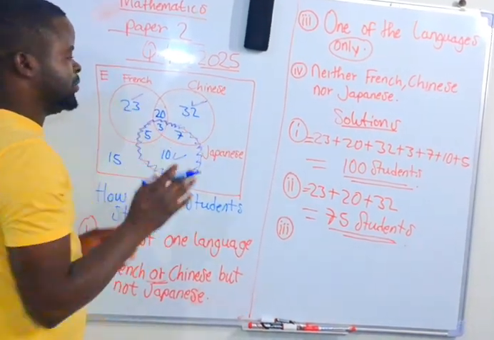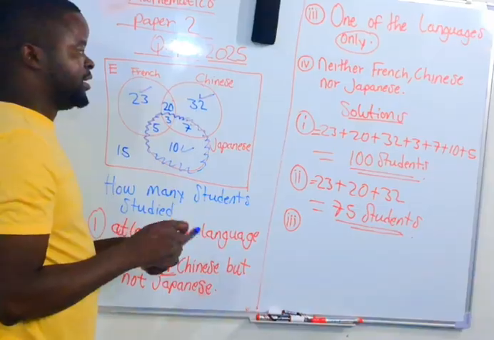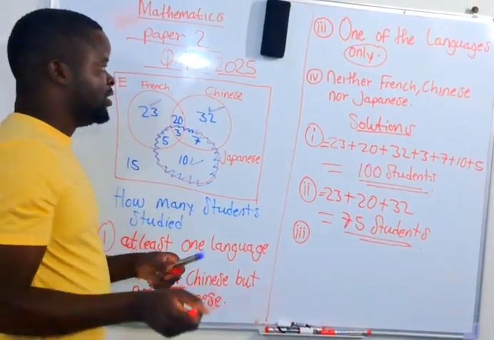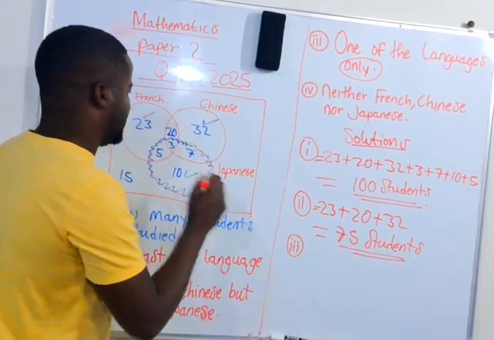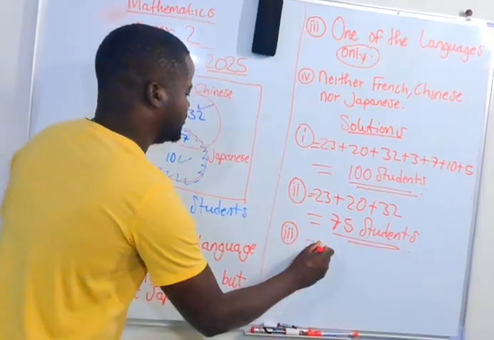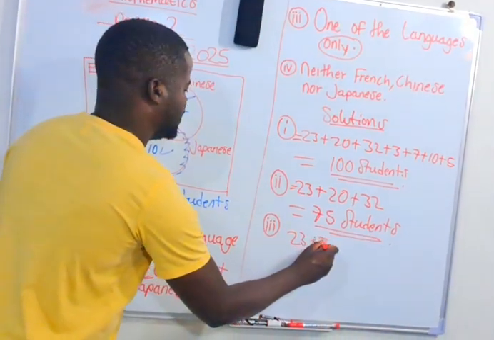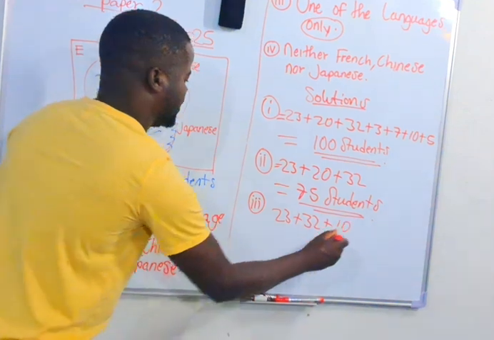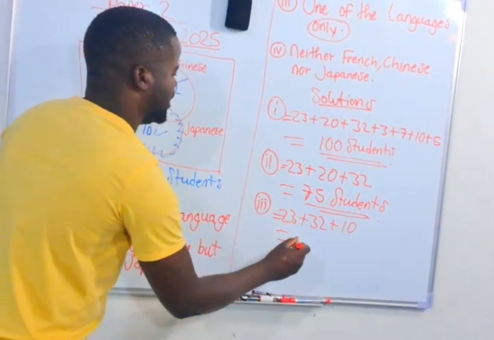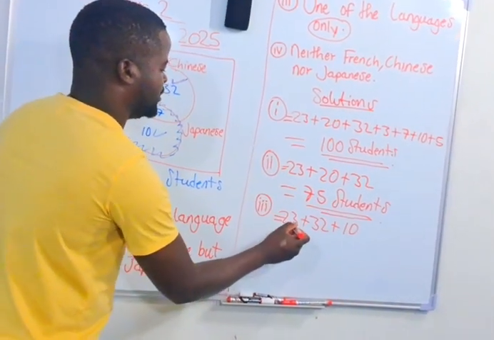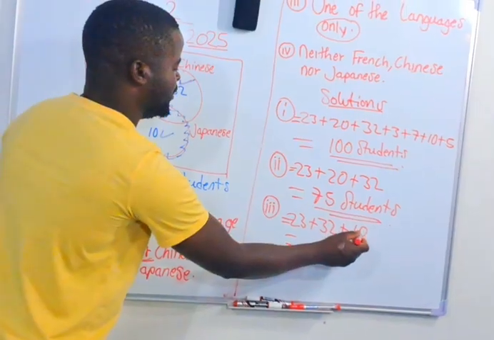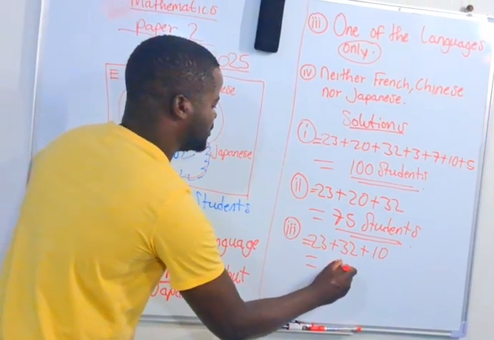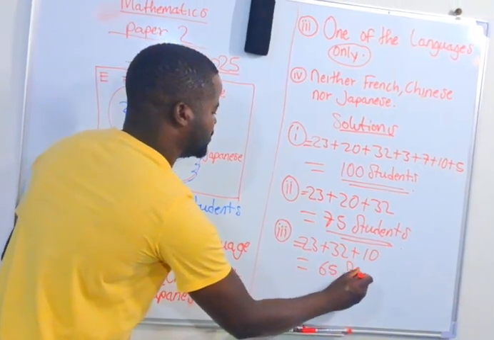These numbers represent students who participated in studying one language only. So we are getting 23 plus 32 plus 10. When we add, we are getting 55. 55 plus 10, it's going to give us 65 students.